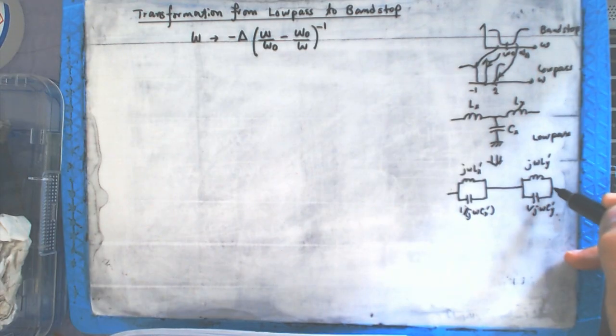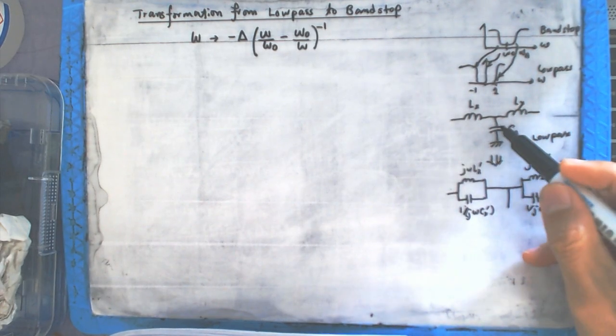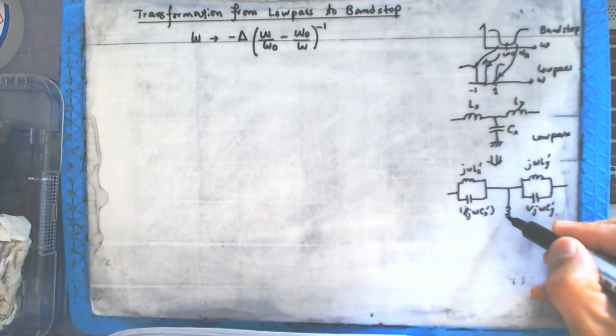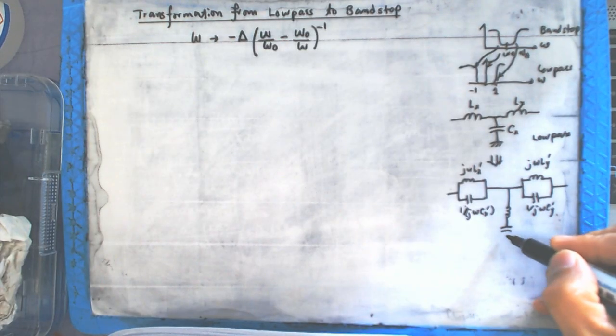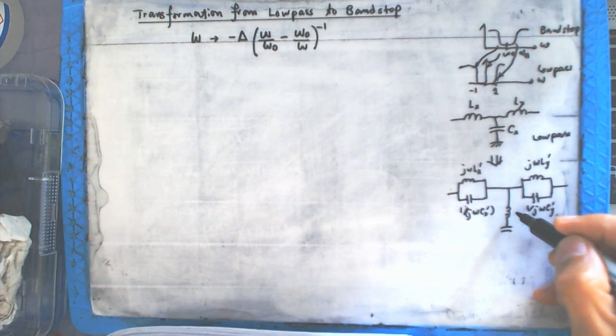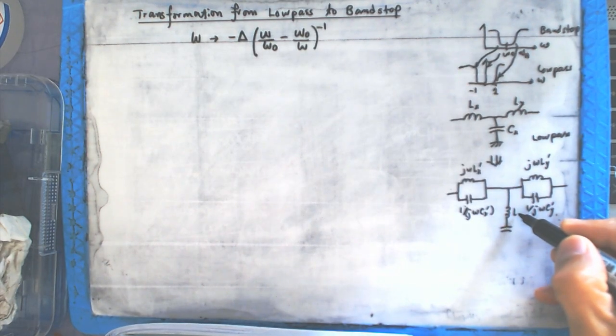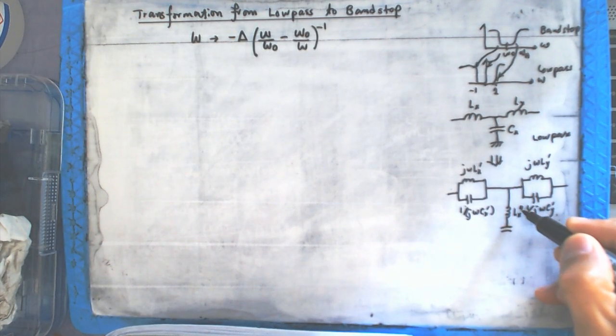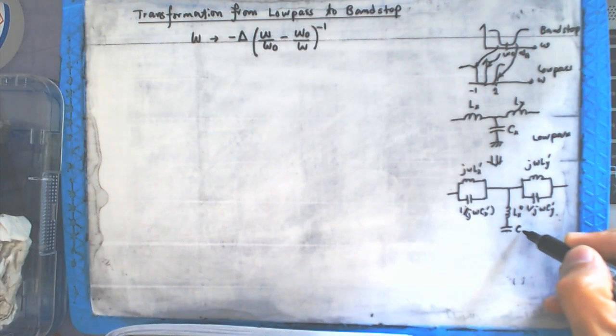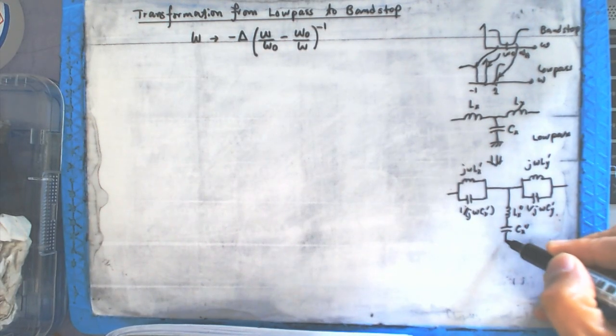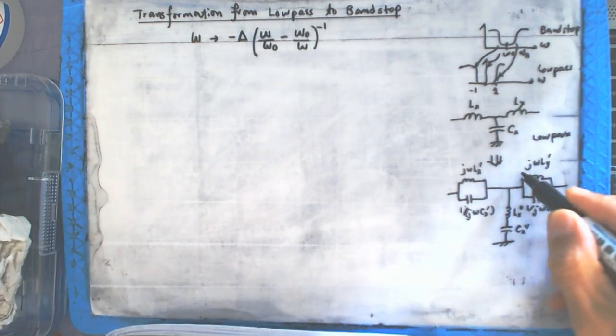And in the middle one, you're going to replace it with a series combination of the inductor and the capacitor. So this will be a so-called Bandstop filter.